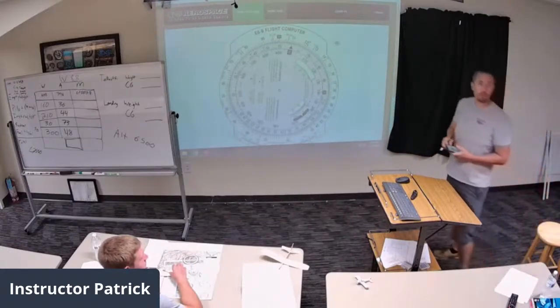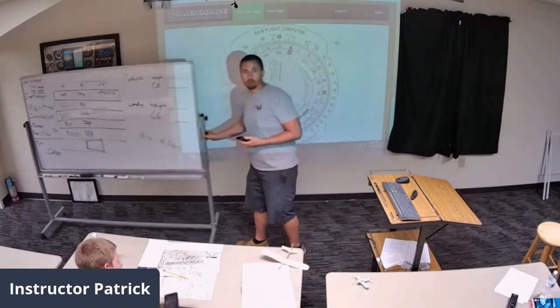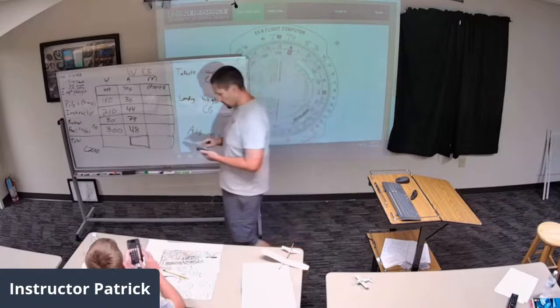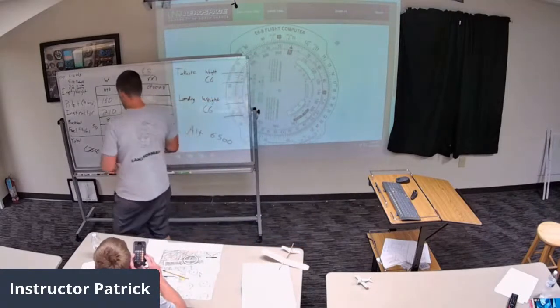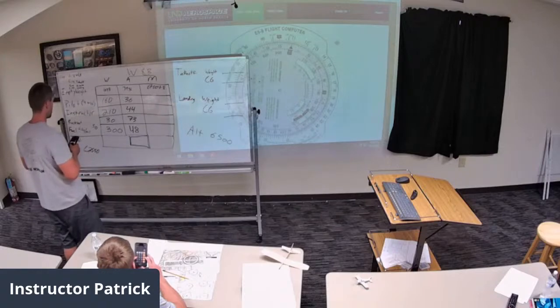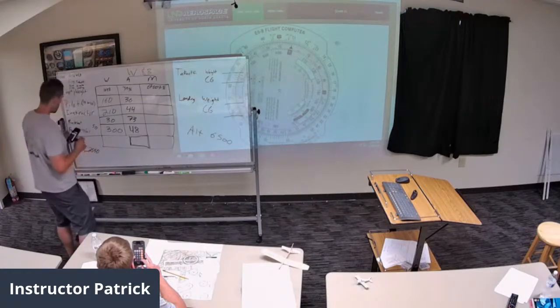Everyone at home, hopefully still following along, and we'll slide this over slightly so you can see it. Right? So say here, let's find our total weight first. 1698 is our empty weight, 160 is our pilot, 210 is our instructor, 30 is our back seat, and 300 is our fuel.